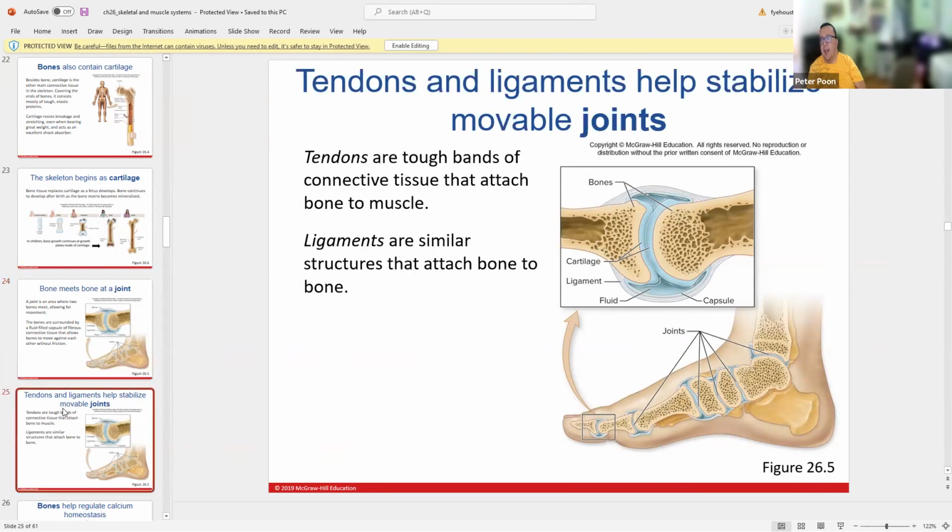Tendons and ligaments help stabilize movable joints. A tendon, by definition, is a band of tissue that attaches bone to muscle, and instead of attaching bone to muscle, ligaments attach bone to bone.